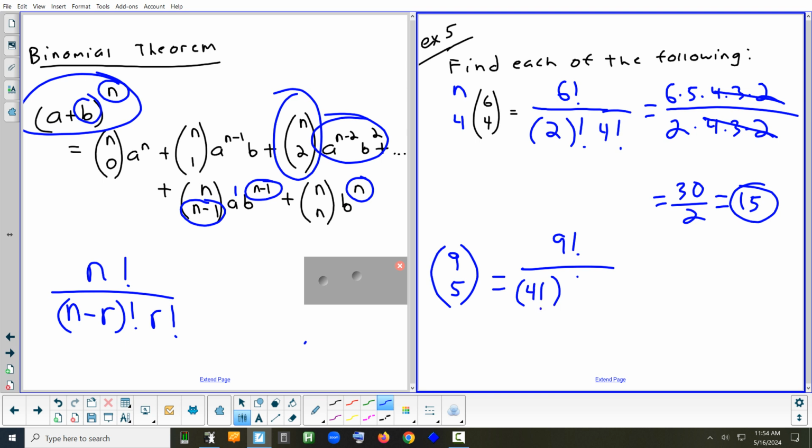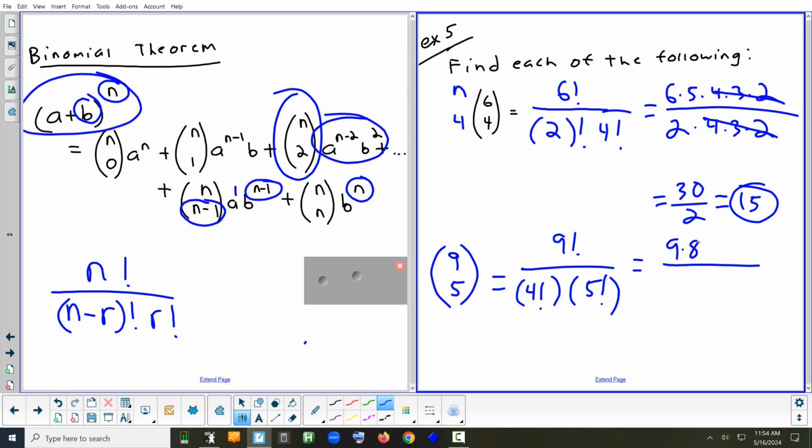And then 5 factorial. And 5 factorial. What's the bigger factorial in the bottom? The 5. So that's going to completely cancel with the top. What would be left in the top if you canceled the 5 factorial from the 9 factorial? Like as a product, what would you be left with?